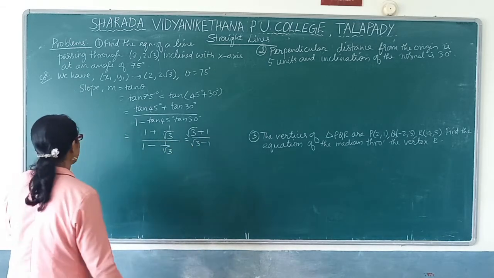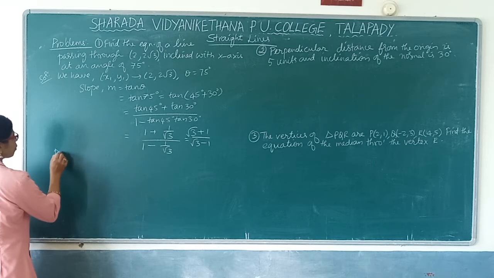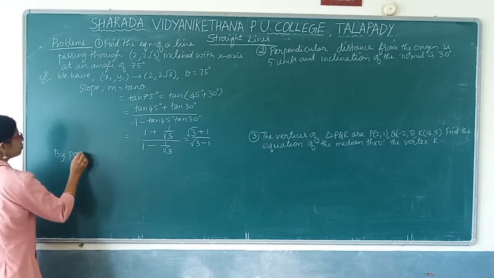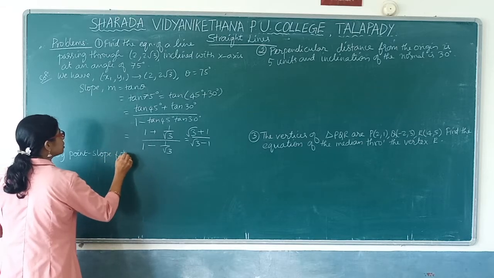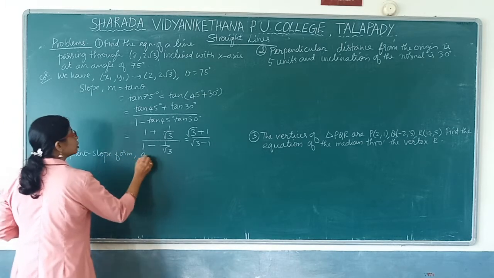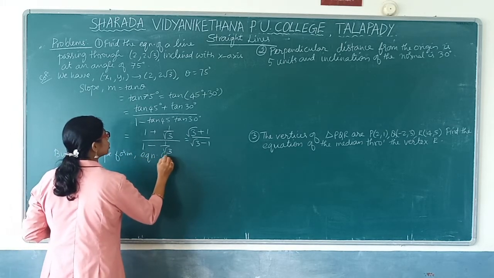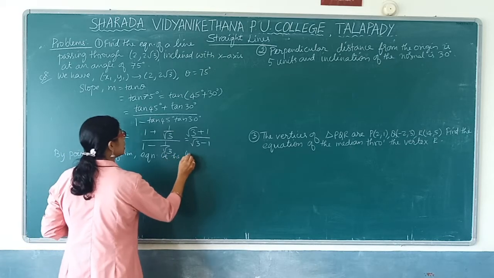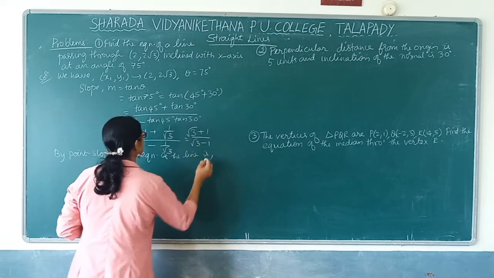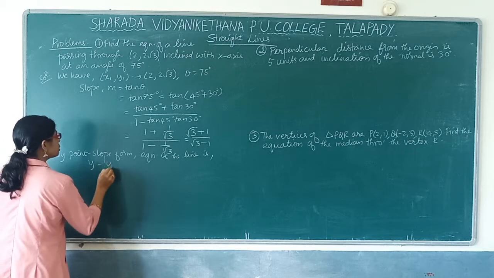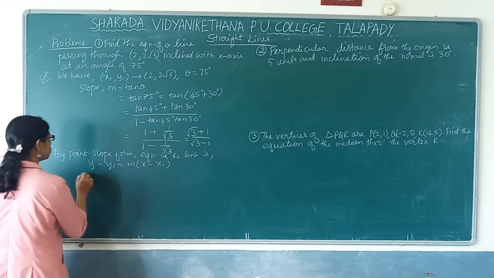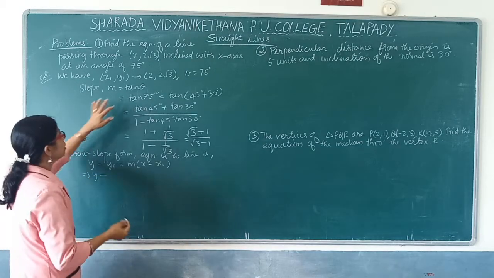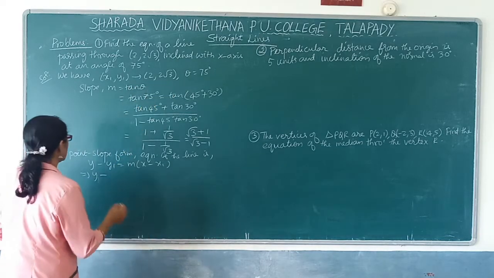Now we will apply the point slope form. What is the equation of a line? y minus y1 is equal to m of x minus x1. Substitute all the values. This is x1, this is y1, 2 root 3.